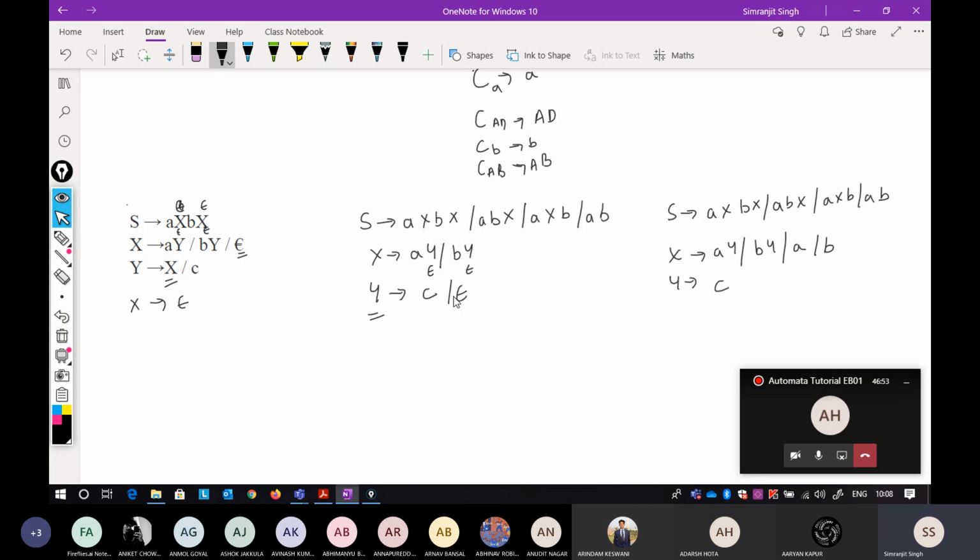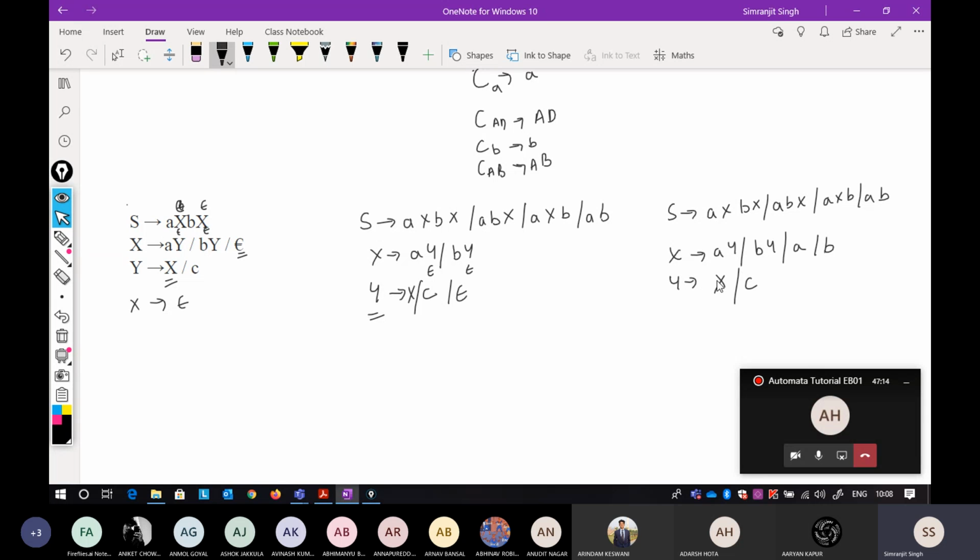Why is it X? Acha. Okay. So, yes, you have to include X as it is. Absolutely correct. You have to include X as it is, and then c, and then there is an epsilon. So include X here and then c. Yeah, that is a mistake. So then X and then a small c.